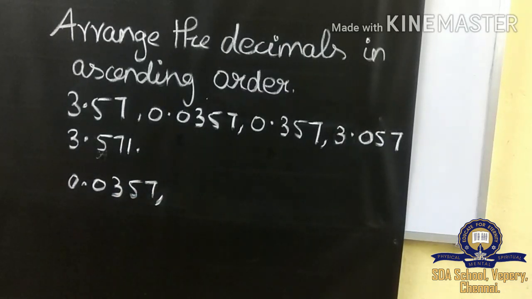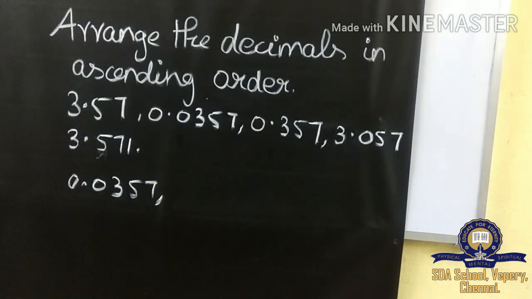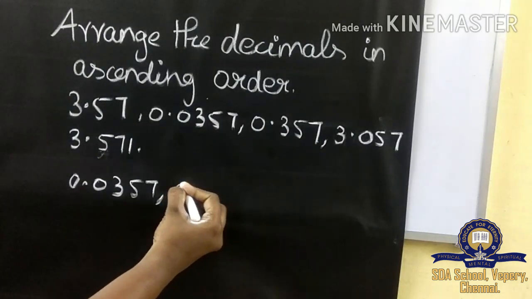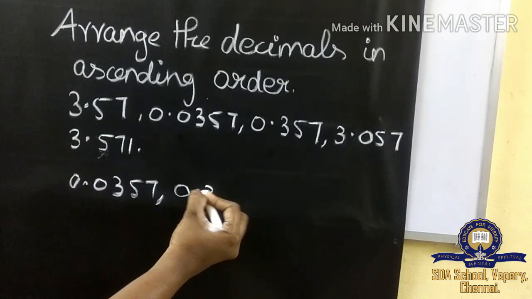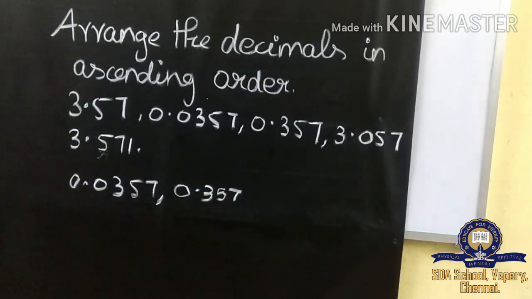Next, 0.357 is the next smaller value. 0.357.